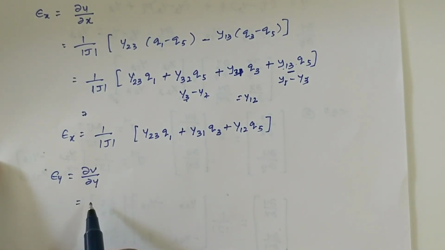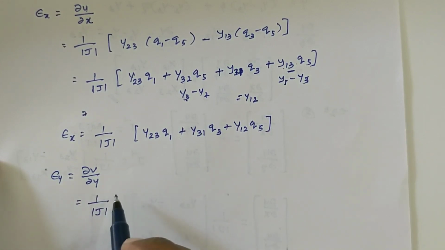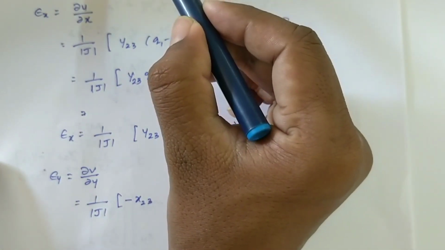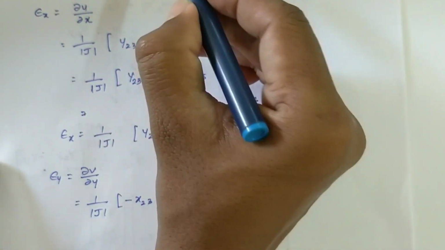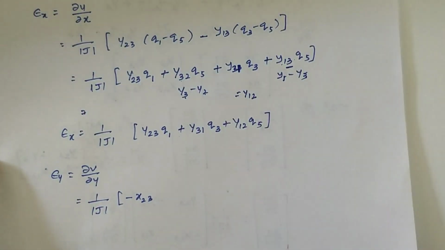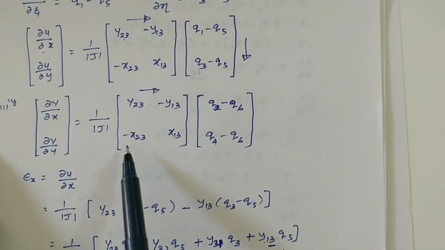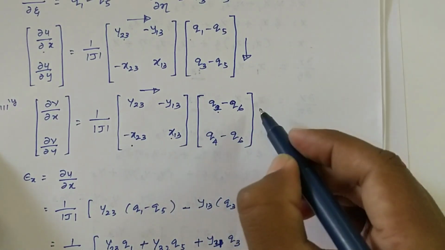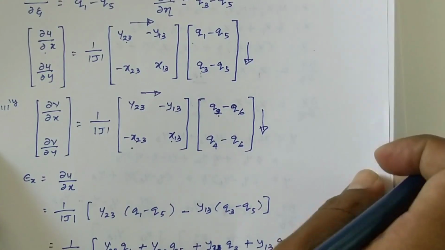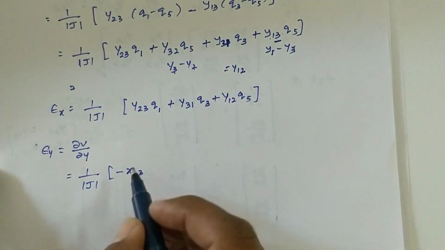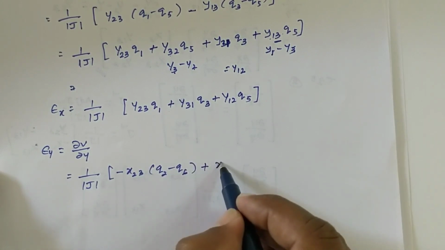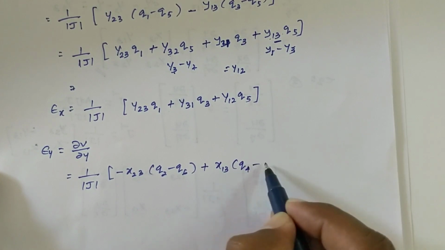So we can write this as 1 over determinant of J into minus x23 q2 minus q6 plus x13 q4 minus q6.